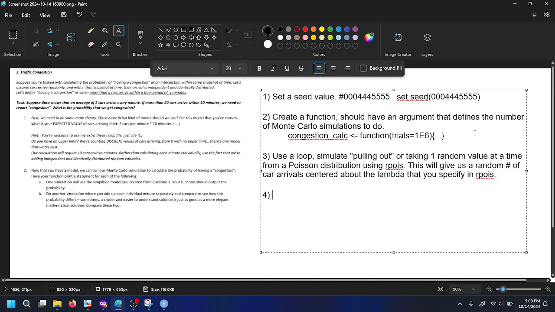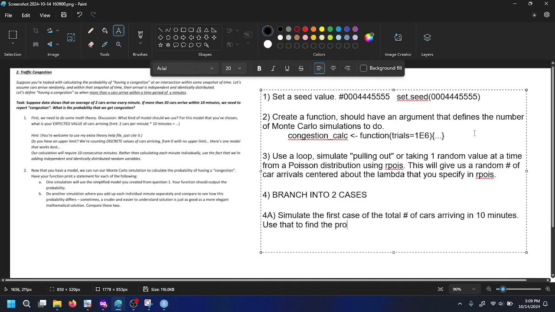The fourth step, now we branch into two cases. For A, the case would be to simulate the total number of cars arriving in 10 minutes, and then use that to find the probability of congestion.